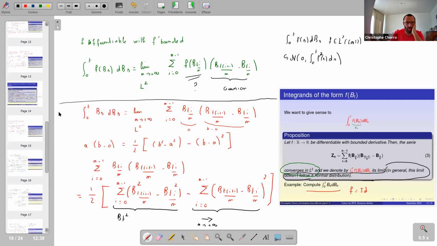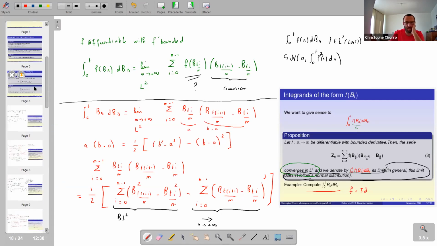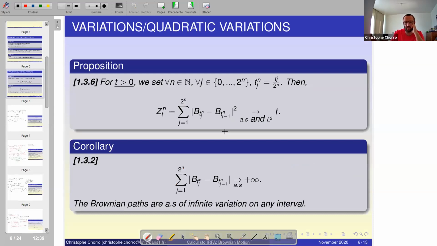It was the result we have proved at the end of the previous session. That is this one. If I consider the quadratic variation here, it converges toward t almost surely and in L2. It was for this particular subdivision, but keep in mind that I have said to you during the previous session that when the step size of the subdivision converges towards 0, I always have the convergence in L2. And when the sum of the step sizes is finite, then I have the almost sure convergence. It was my last remark at the end of the previous session.